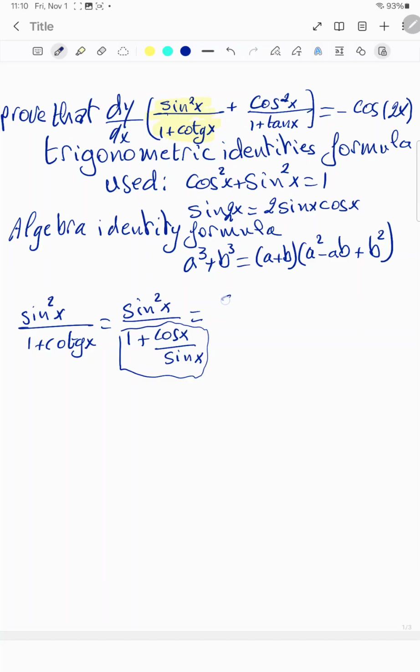So my function becomes sine square of x divided by, I can multiply here by sine of x and here by sine of x. So it becomes sine of x plus cosine of x divided by sine of x. For now, let's keep it divided by sine of x.